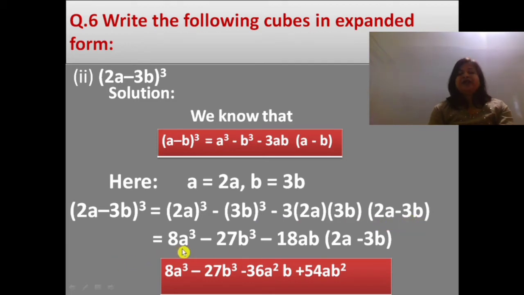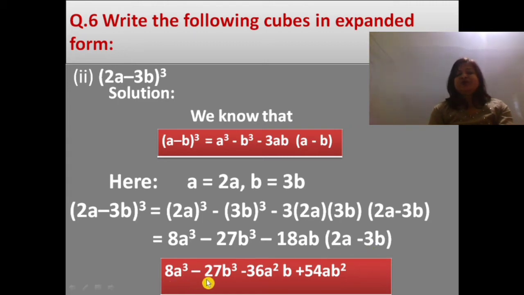Now 8a cube minus 27b cube, because this is the cube of 3b, minus 18ab, because we have multiplied 3 into 2a, 6a into 3b, that means 18ab, and (2a - 3b) will remain the same.